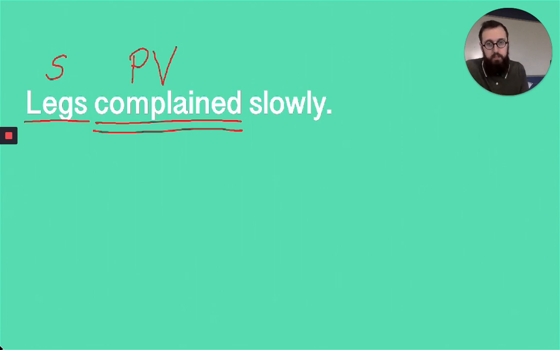Find your period or whatever ending point it is, question mark, exclamation, and then work your way towards the beginning of the sentence. So I have the word slowly. Slowly tells me how legs complained. It's modifying a verb, and I have that ly at the end, so I know it is an adverb. So ADV in the opposite corner of the arrow.